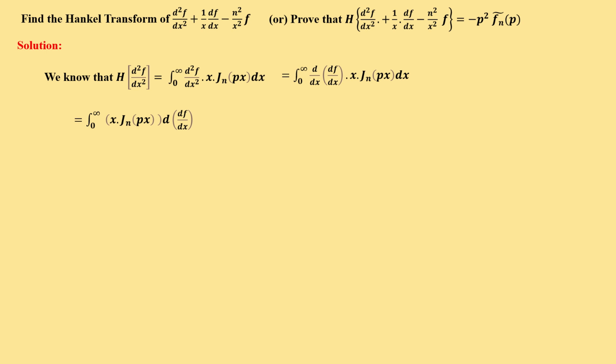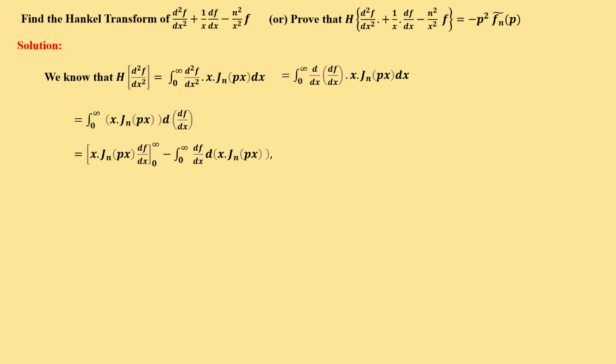So you can cancel dx, numerator dx and denominator dx, so you will get d of df/dx times x Jₙ(px), which is equal to, so we are using the u dv formula, integral u dv equals uv minus integral v du.